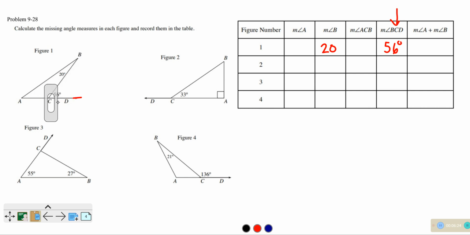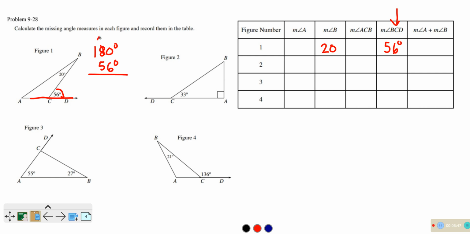Now, one of the pieces of information that I learned in lesson 9.1.1 is there are how many degrees in a line? Well, there are 180 degrees in a line. If there are 180 degrees in a line, I know that I can subtract what I know, 56 degrees.